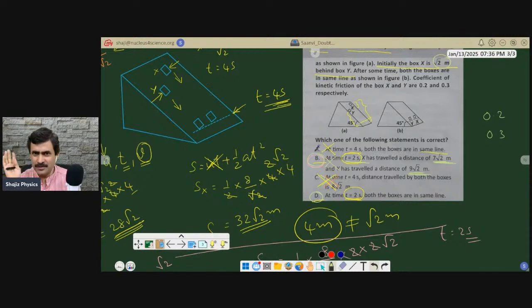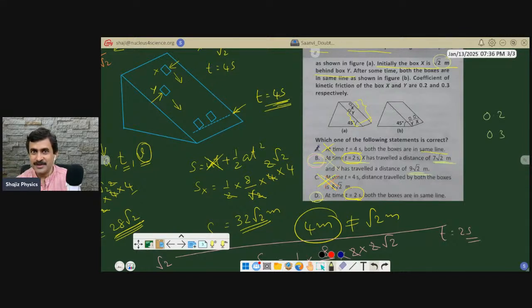Option B you can eliminate, because think in this way. X is suffering less friction. Y is suffering more friction. Then how will it be possible for X to travel less distance within the same time? You think about that.